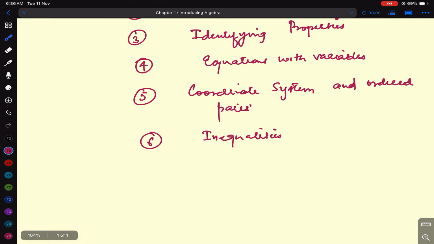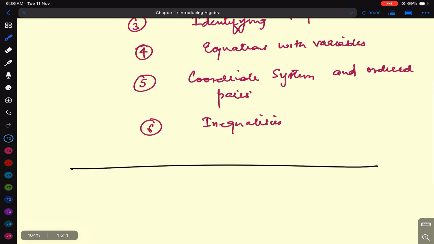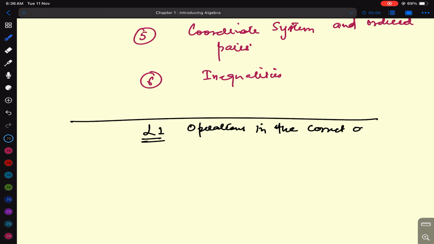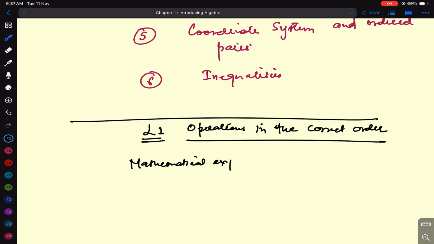I'll make sure to cover that in detail with theory as well as examples. So let's start with the first lesson, which is operations in the correct order. Here, what do we understand from a mathematical expression?